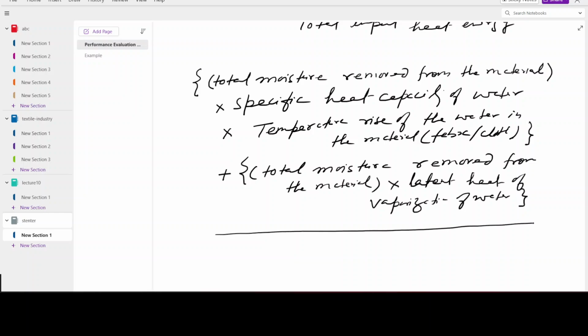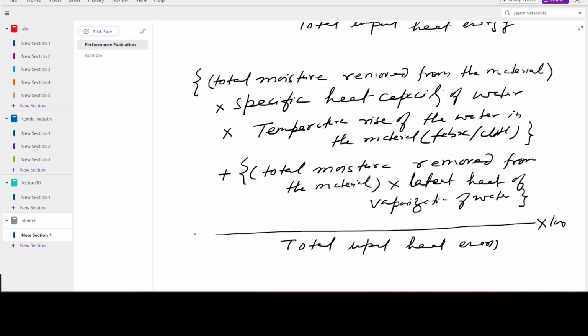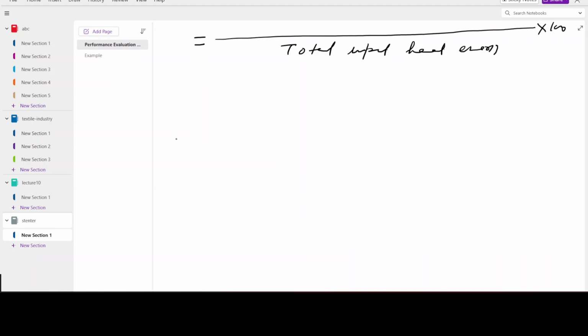This whole term will be divided by total input heat energy and will be multiplied by 100. Now we can write total moisture removed from the material is m in minus m out.